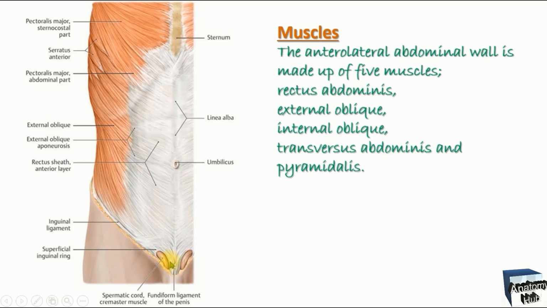So some fibers of the medial end of the ligament that reflect downward form the lacunar ligament that you will find over here at this point. Okay, and we will study this lacunar ligament in detail in our next video, on the inguinal region.